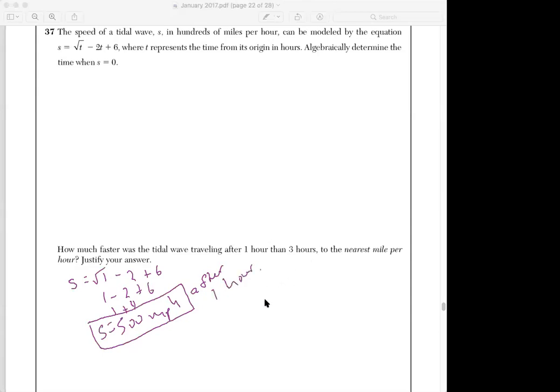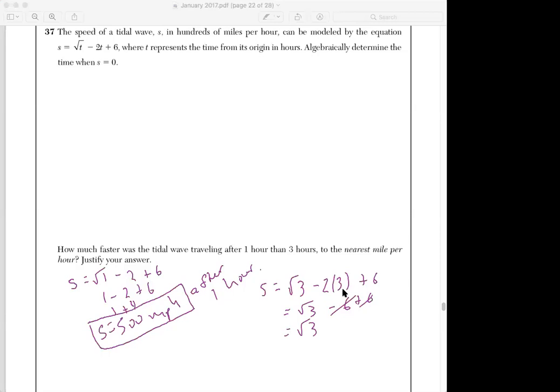And let's see, after 3 hours, s equals square root of 3 minus 2 times 3 plus 6. So this is radical 3 minus 6 plus 6. So radical 3.